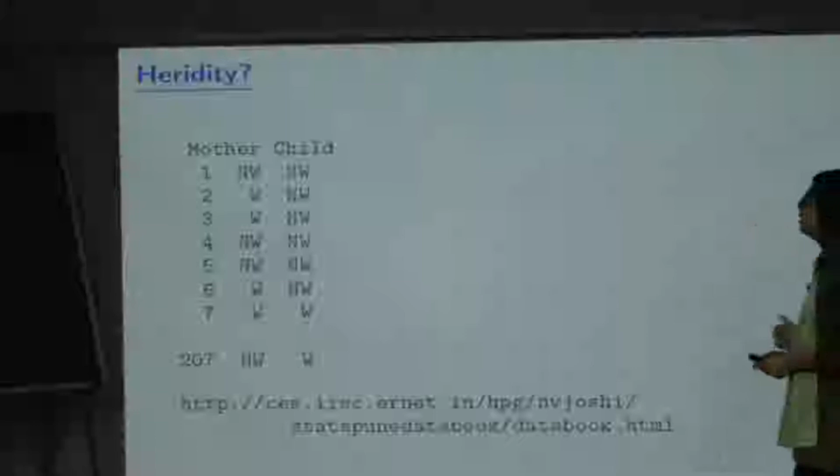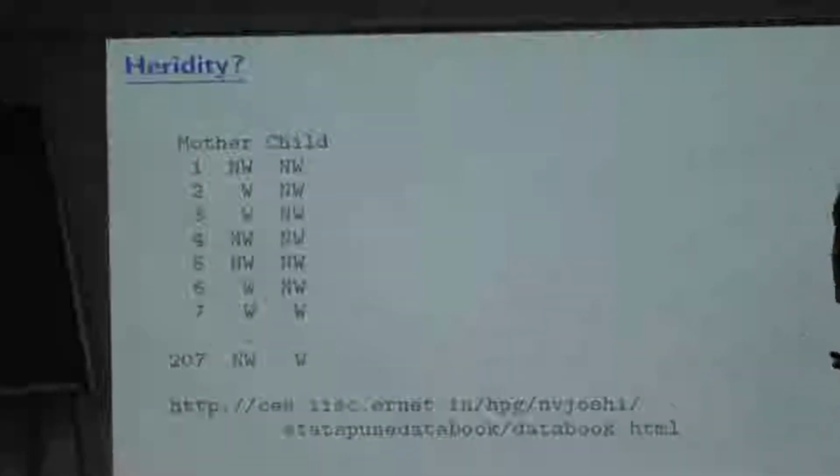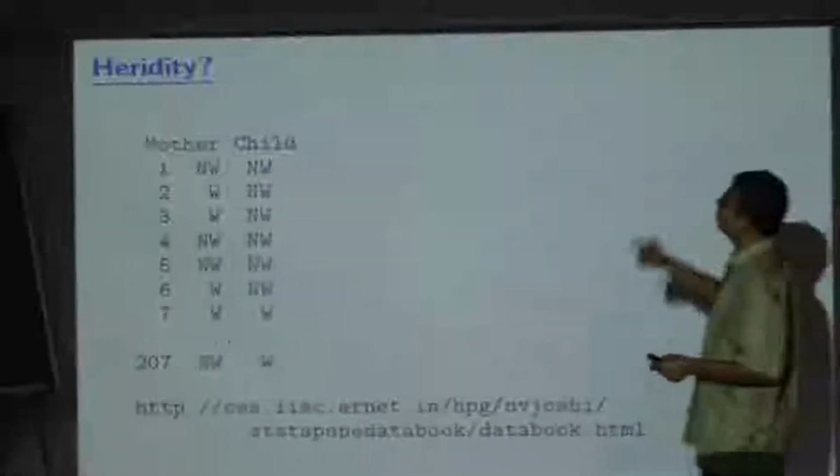NW stands for no whorl, and for the child, whether it is whorl or no whorl. So you have 4 different types: no whorl, whorl, and no whorl, etc. All the 4 patterns are showing up. And a total of 207 such families were interviewed.